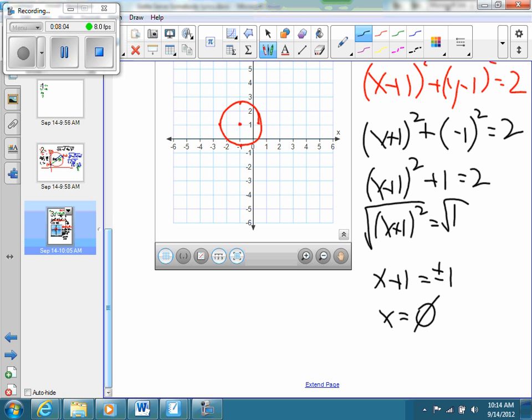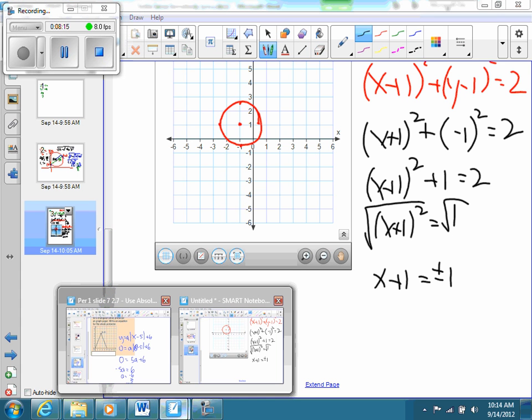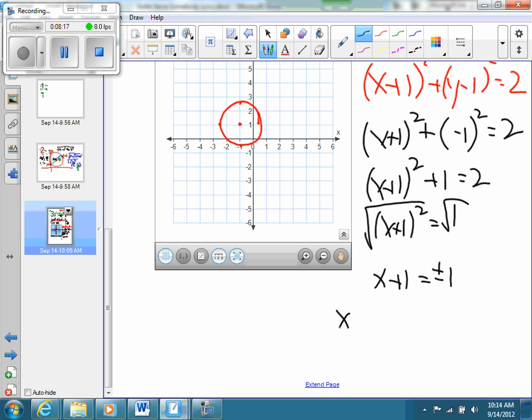It looks like I have 2 intercepts though. Huh. Because I have x plus 1 is equal to positive 1, and I also have x plus 1 is equal to negative 1. x plus 1 is equal to plus or minus 1. Are we okay with that?